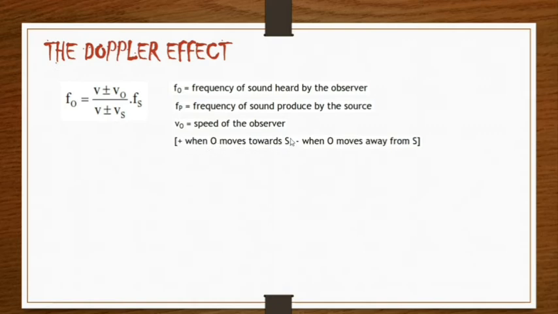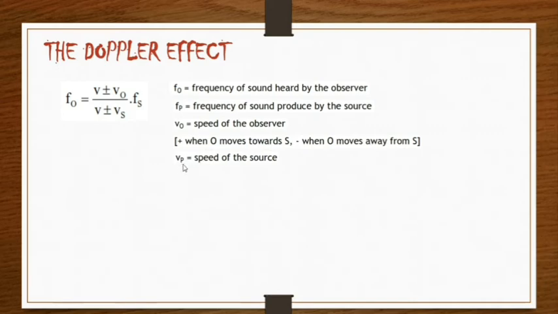Vo is the speed of the observer, and it will be positive when the observer moves towards the source, and this will be negative when O moves away from S. So this Vo can be positive or negative. Vs, this should be Vs, not Vp. Please change it in your book.